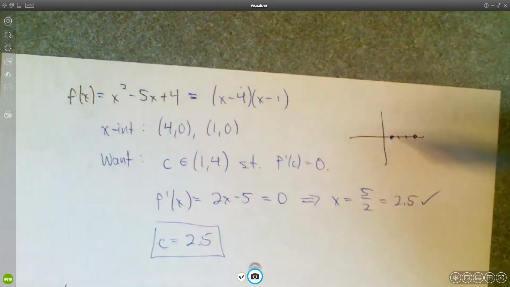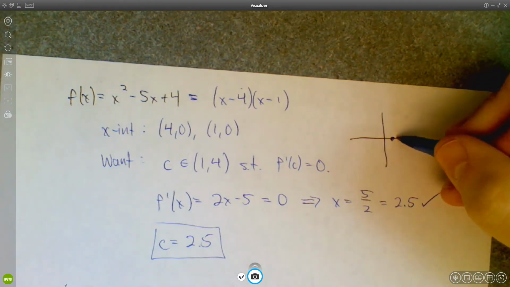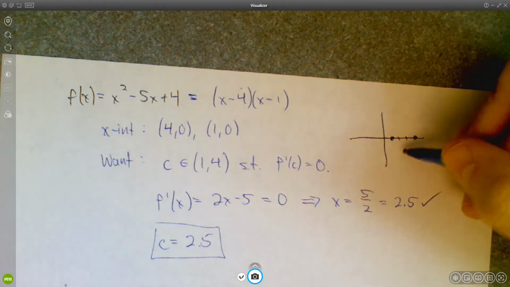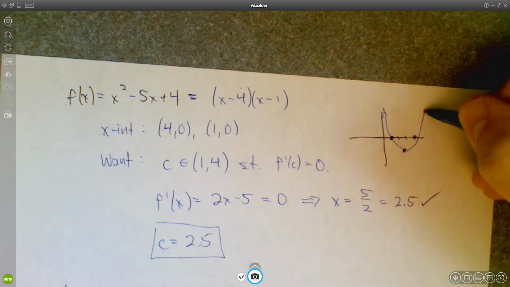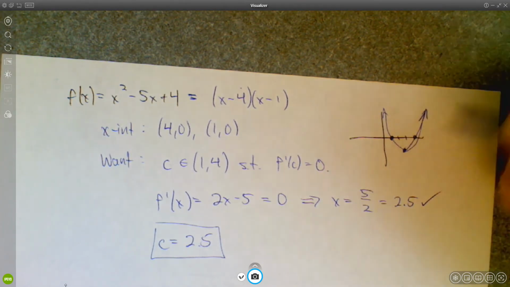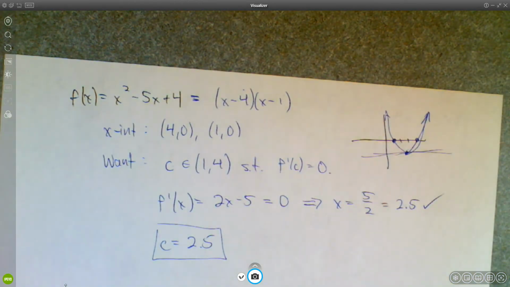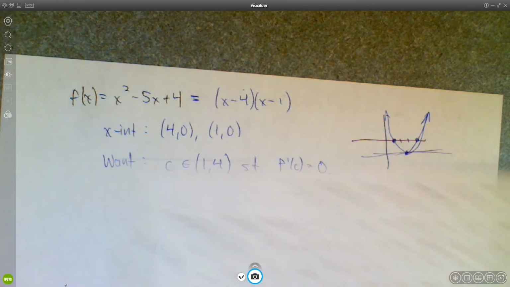This parabola opens up, so it must be a minimum, right? So 1, 2.5, so there it is, and it's going to look something like this. But clearly you've got this horizontal tangent right there at the vertex. Okay, so that's that one. That's Rolle's theorem.